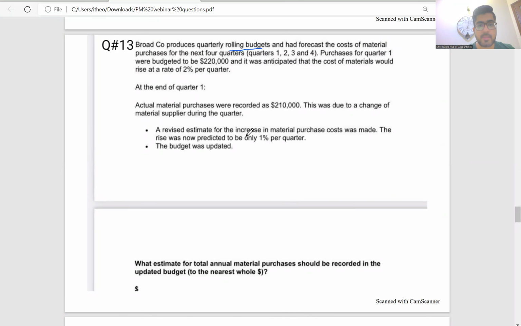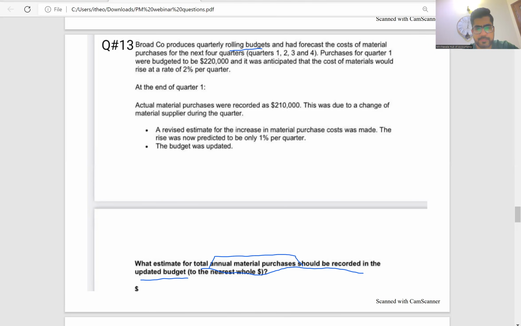A revised estimate for the increase in material cost was made: the rise was now predicted to be only 1% per quarter, instead of the 2% in the budget. The budget was updated. What estimate for total annual material purchases should be recorded in the updated budget?